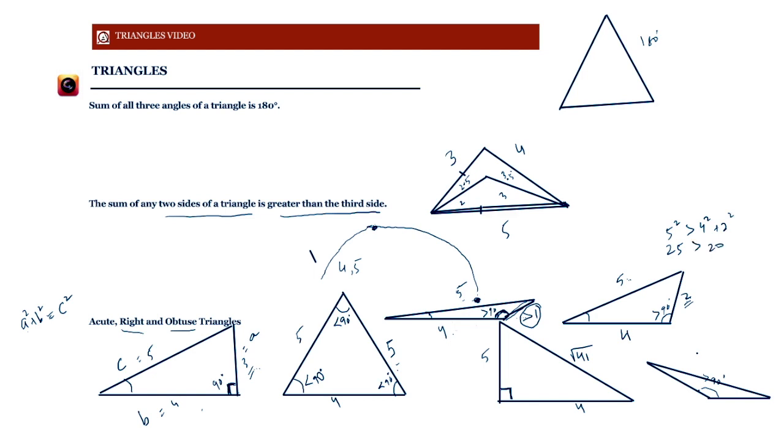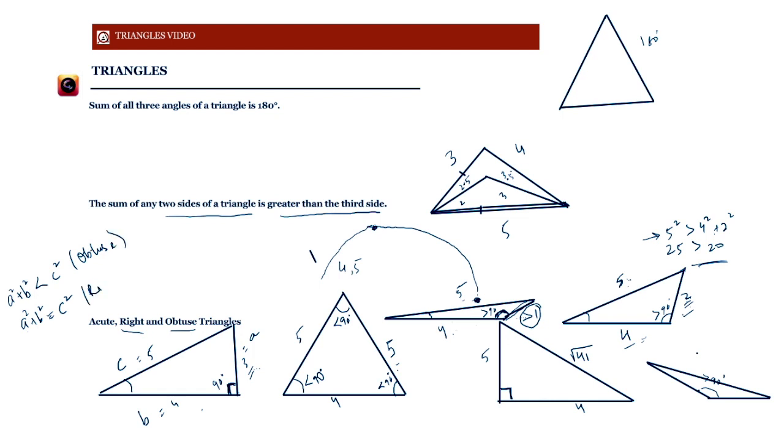Makes sense. So when I had an obtuse triangle, the sum of the squares of these two sides was less than the square of the third side. We're talking about the squares, not just the sides, right? So in an obtuse triangle, a square plus b square is less than c square, right? Here, this is an obtuse triangle.